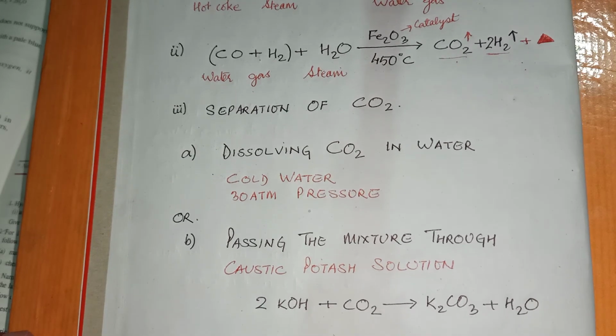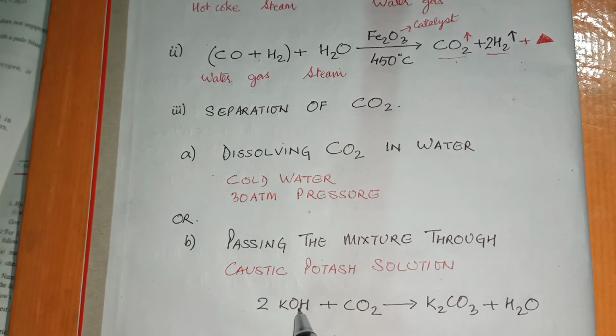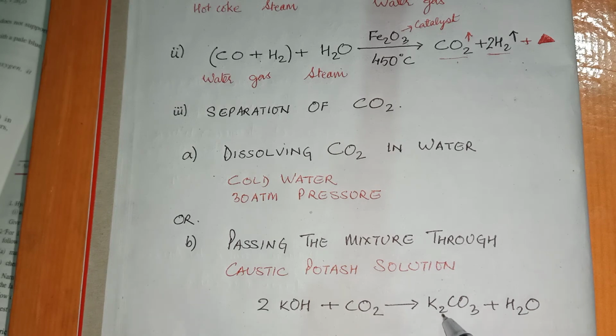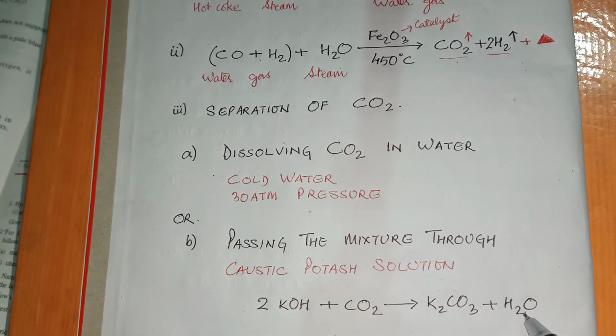So caustic potash is potassium hydroxide. When the mixture is passed through caustic potash solution, only carbon dioxide reacts with caustic potash. Hydrogen does not react. So carbon dioxide reacts with caustic potash, producing potassium carbonate solid and water liquid.